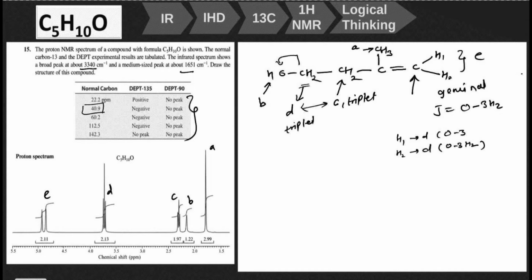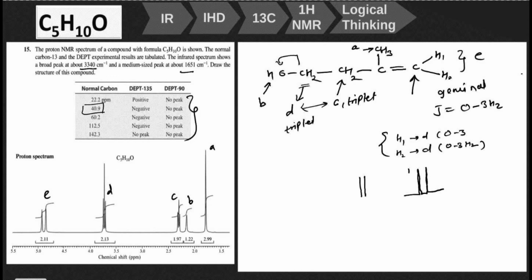Since this value is very low, that's why you are seeing two sharp singlets, right? And H1 and H2 have close chemical shift values, therefore you are seeing it like this.